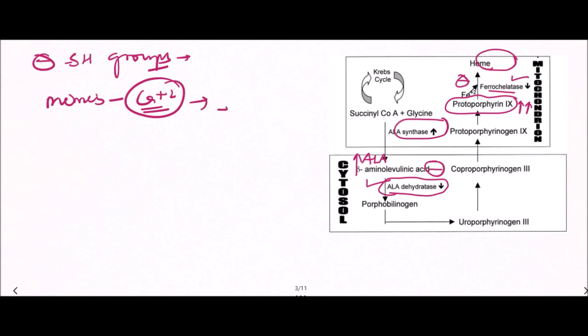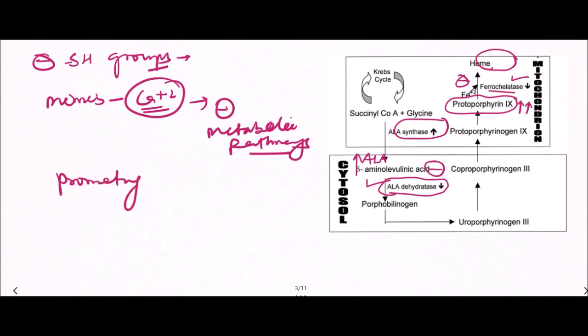So it inhibits various metabolic pathways. Lead is also responsible for promoting apoptosis. So these are the mechanisms of lead poisoning.